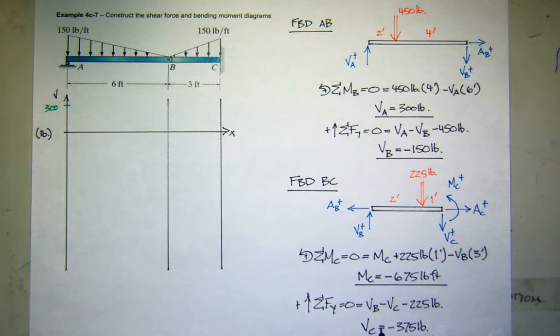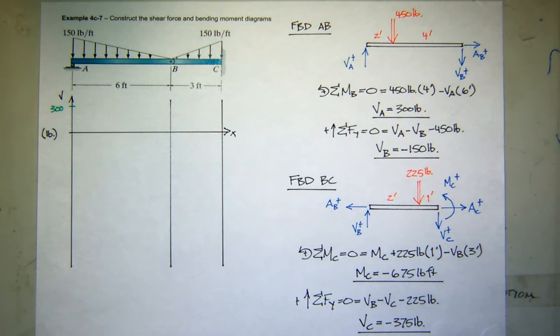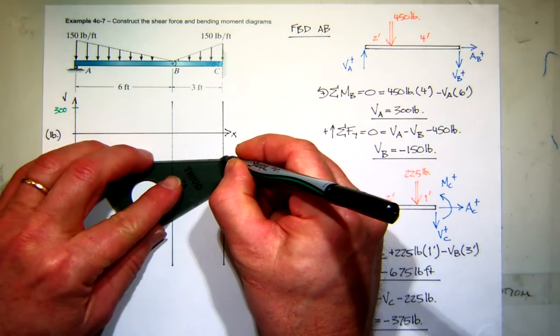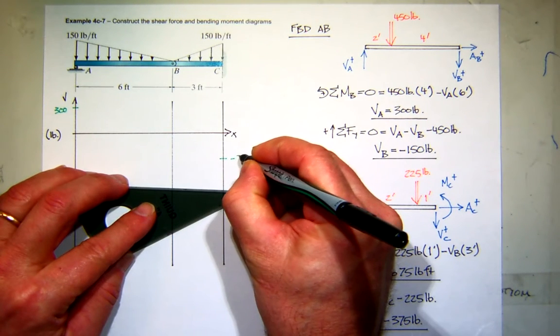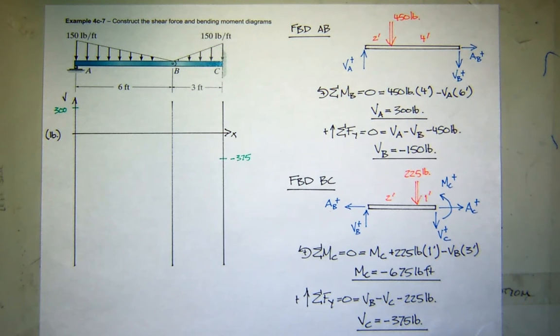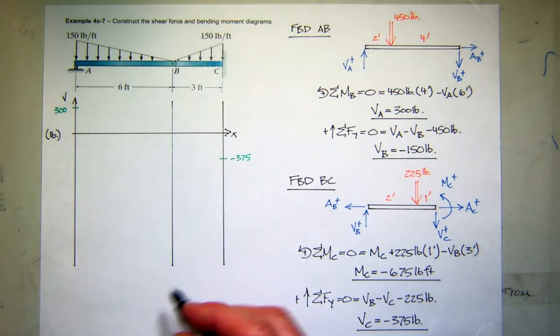Oh, it's way down here at the bottom. Let me zoom out a little bit. There it is. So it's minus 375, right? So I should land here at minus 375. Let's see what happens. I didn't leave much room, so I'll have to put it down here.